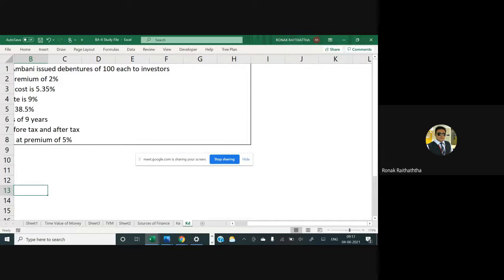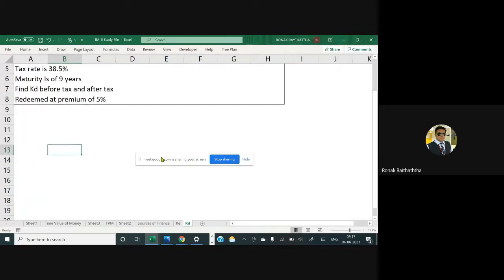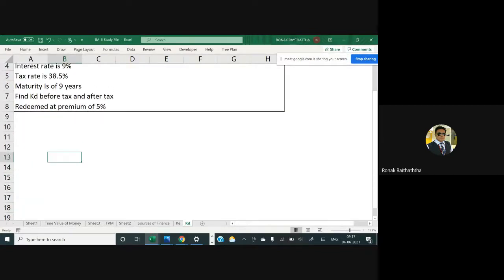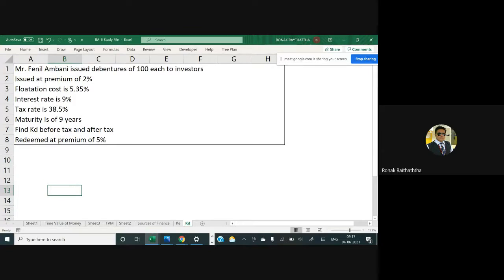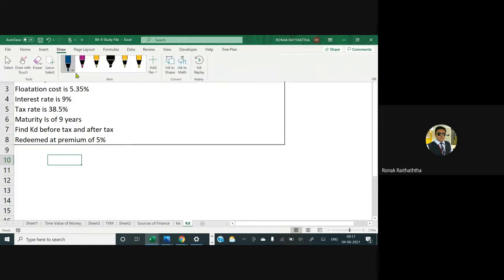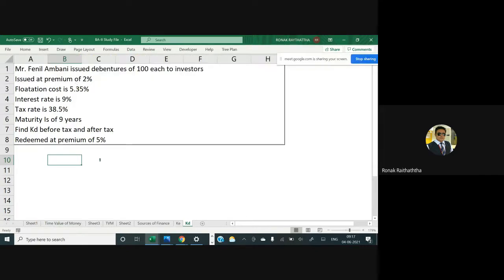But my friends, you take loans and borrowings in various ways. One of the ways is you go to a financial institution or a bank and you take a lump sum loan. So I can call it loan and borrowing.